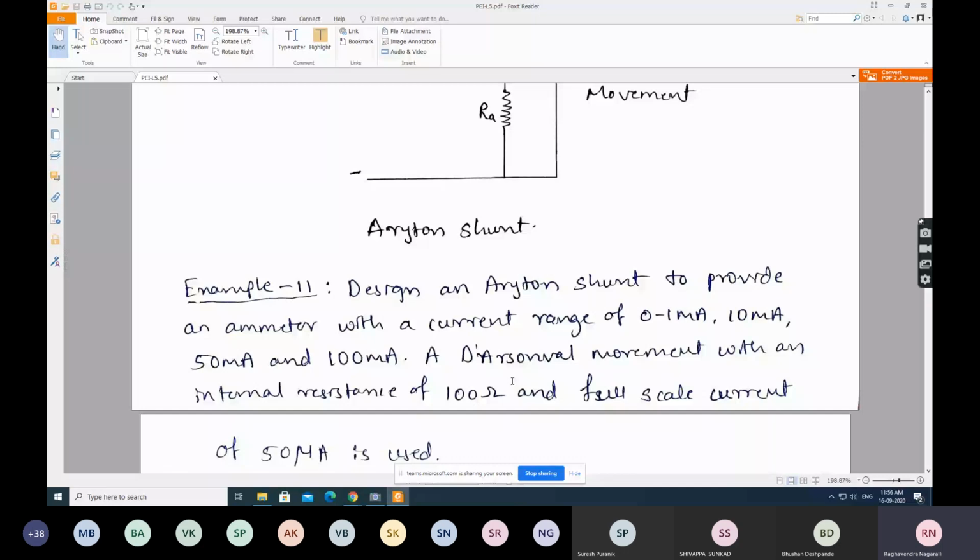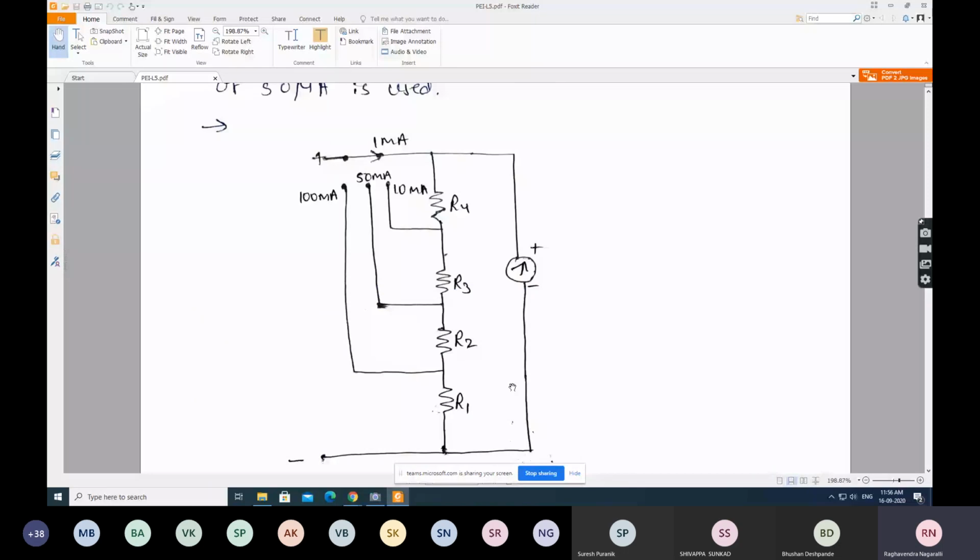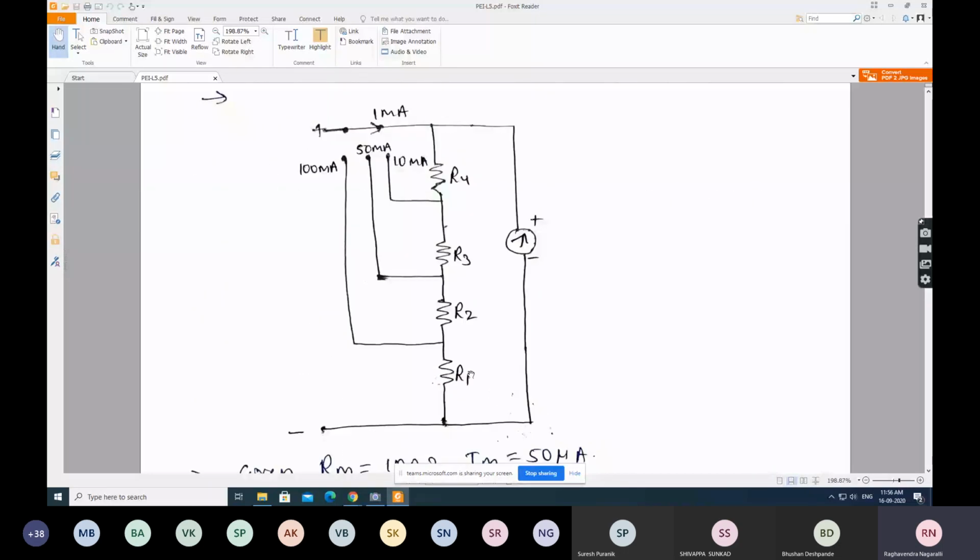So here we have 4 different ranges: 1 milliamp, 10 milliamps, 50 and 100 milliamps. So for those, accordingly, we have placed the 4 resistors here in series combination, which are in parallel to the basic meter. So here 1 milliamp range, 10 milliamps, 50 milliamps, and 100 milliamps.